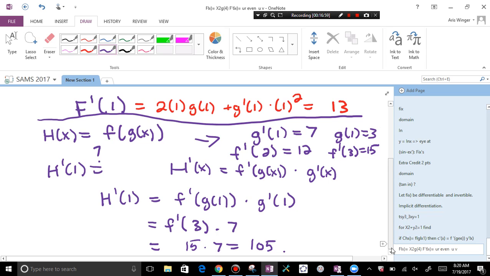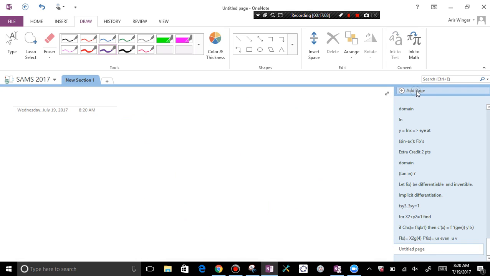The other remark I wanted to make about the homework was this funky natural log thing, logarithmic differentiation.